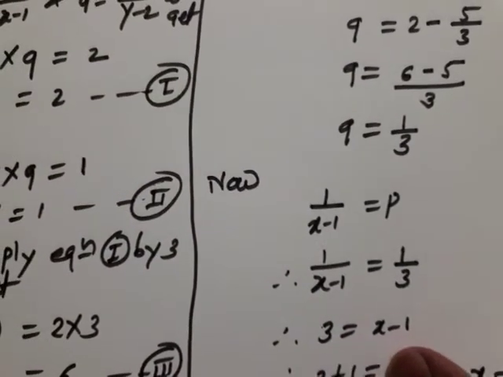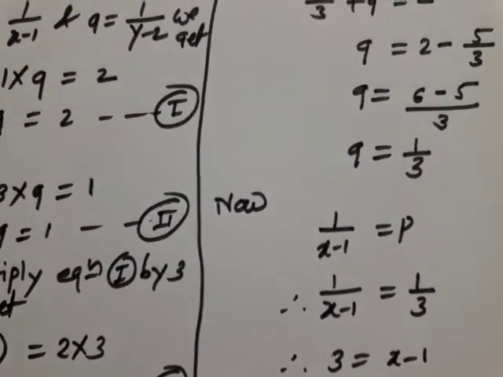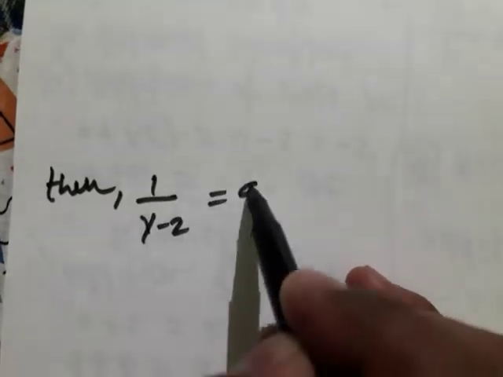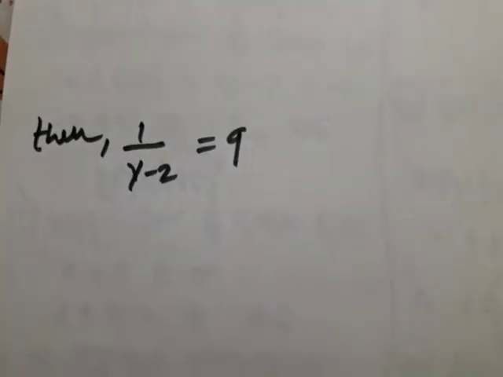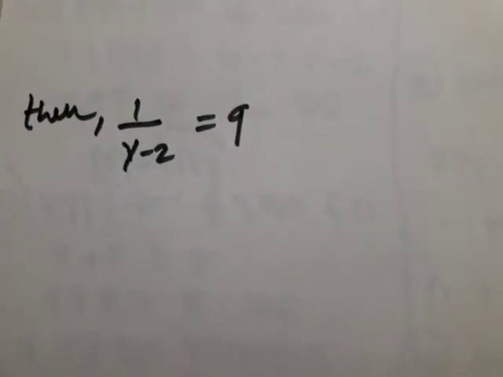Okay, then we will see the value of y. How to find out the value of y? Look here, I will show you. Then 1 upon y minus 2 is equal to q.